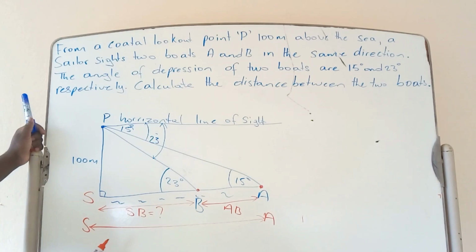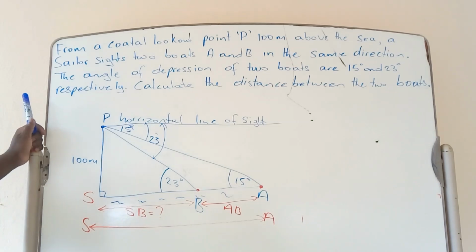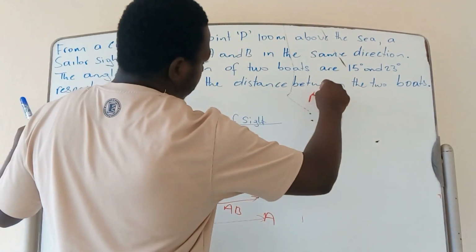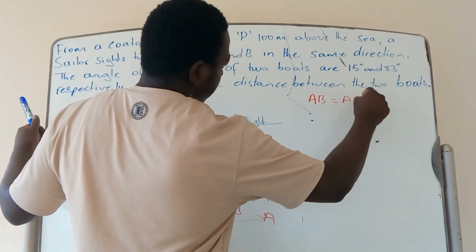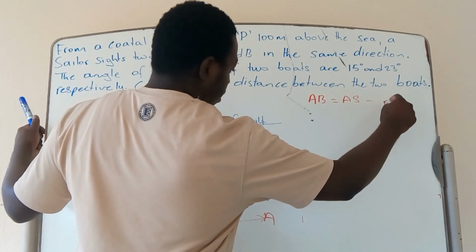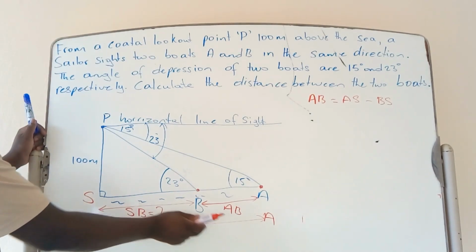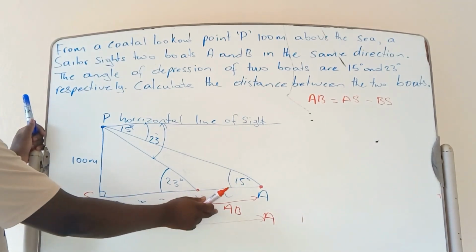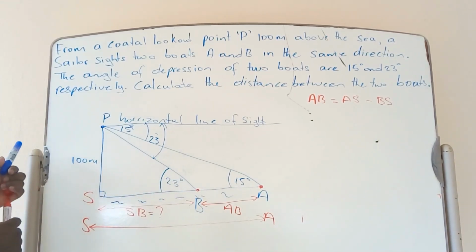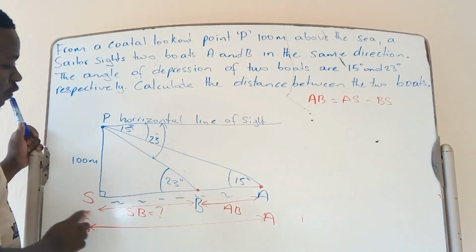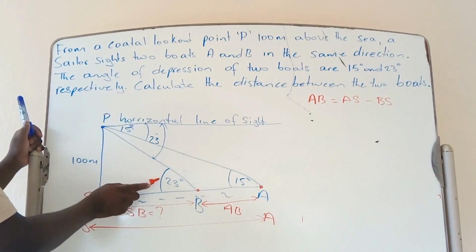From calculating these two distances, it's clear that we can find AB, right? We know that AB is going to equal AS minus BS. If you have this distance and you subtract this distance from it, you get this distance, because this distance plus this distance equals this distance. Make sense? When you're focusing on triangle SBP, that is associated with this 23 degrees angle.